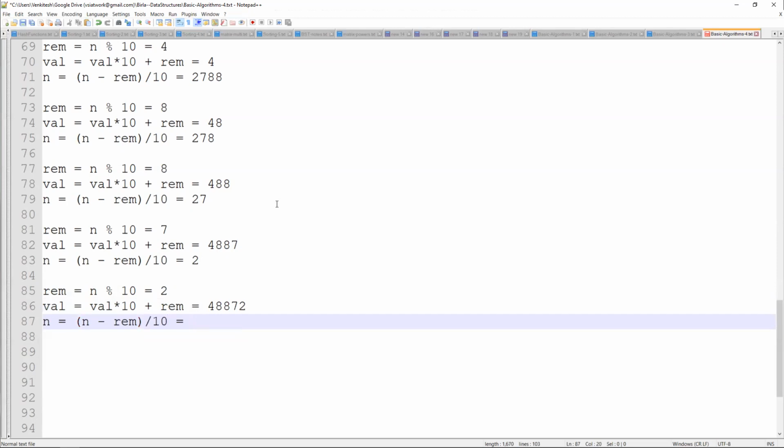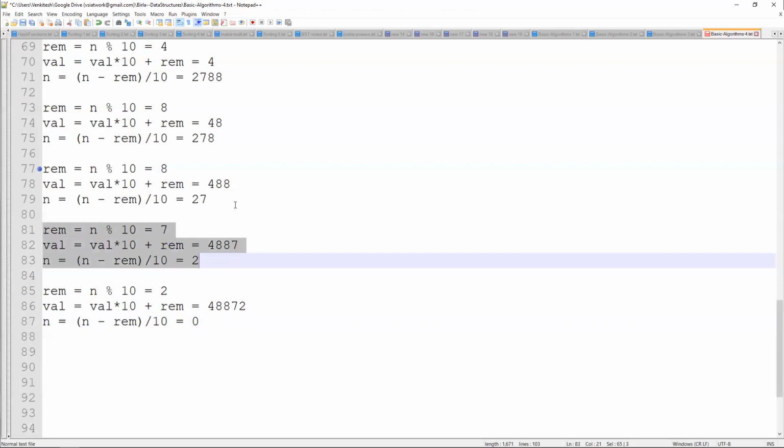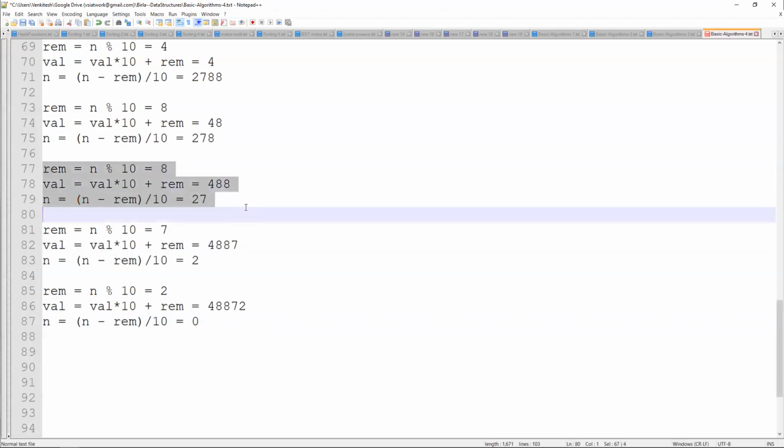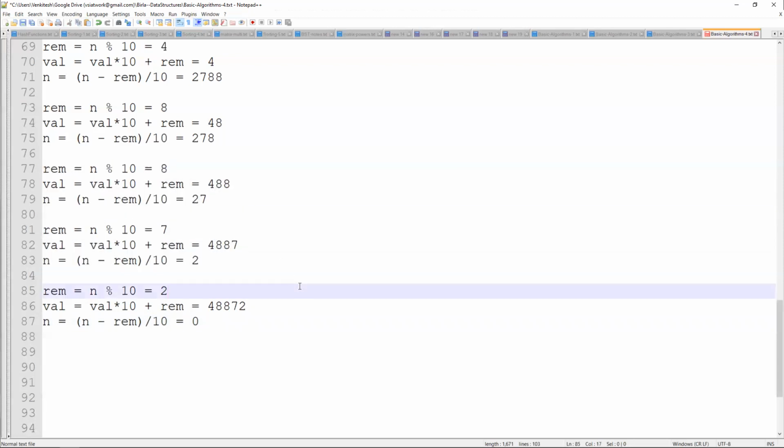What does that give us? n minus rem is now 0. 0 by 10 is 0. So when n becomes 0, we should stop. Right? Because there is nothing more to do. So n has become 0. We should stop. So this sequence of 3 commands we will go on repeating for as long as n is non-zero.